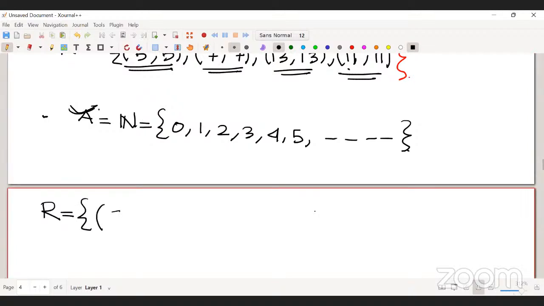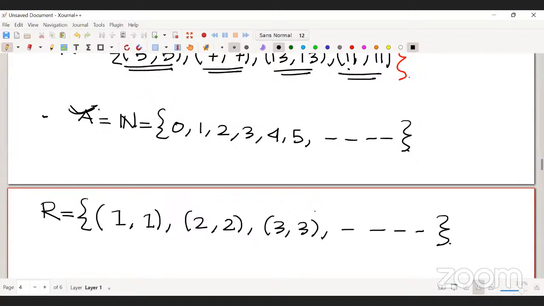Whether this 1, 1, 2, 2, 3, 3 is an identity relation on N? No, sir. Because it doesn't have 0, 0. You have to include 0, 0 also. Correct. So you have 0 here, but you don't have 0, 0. So in this case, R is not an identity relation on the set of natural numbers.